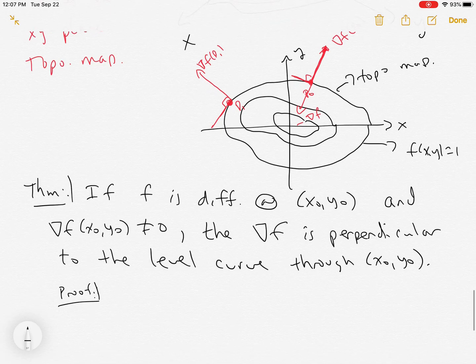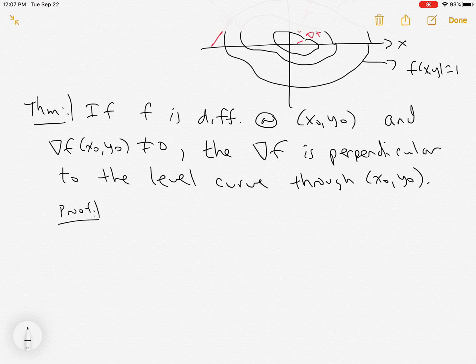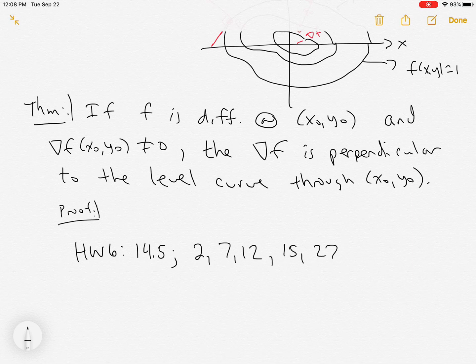Oh, let me assign homework. I can't believe we're on homework 6. I already assigned the first part, so here's the rest of it: 4.5, 2, 7, 12, 15, 27, and 39.